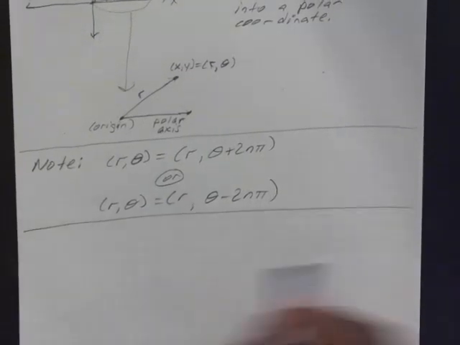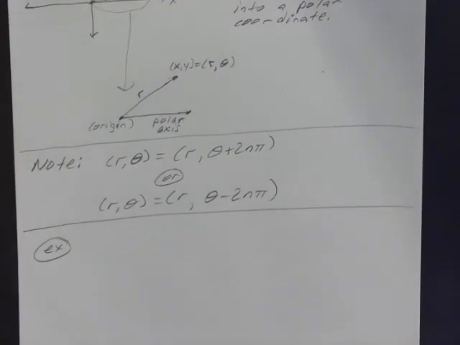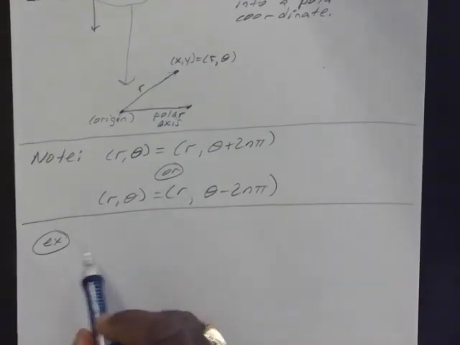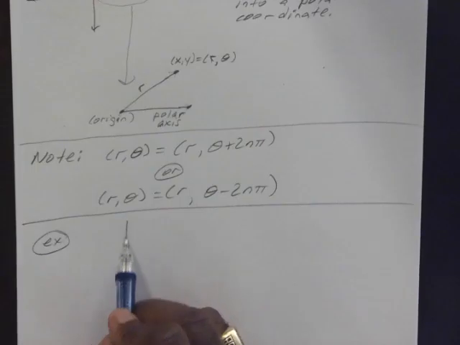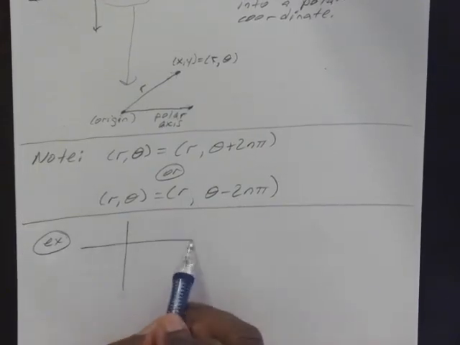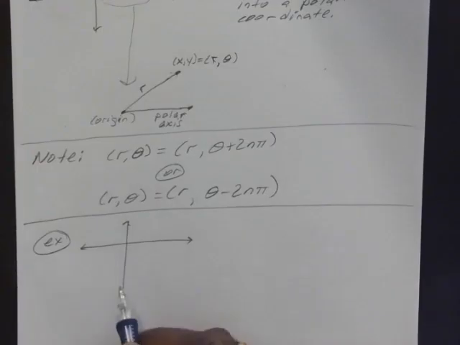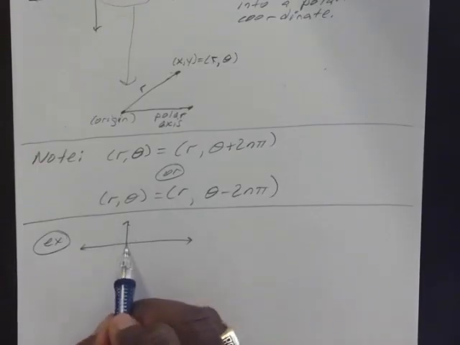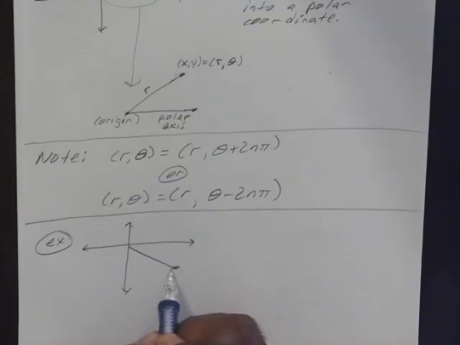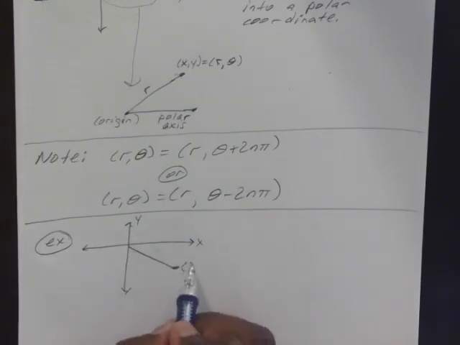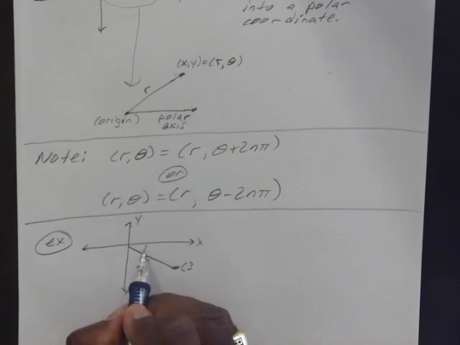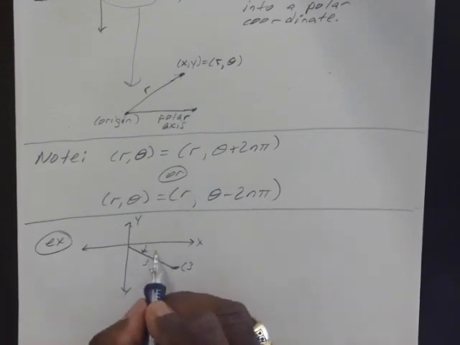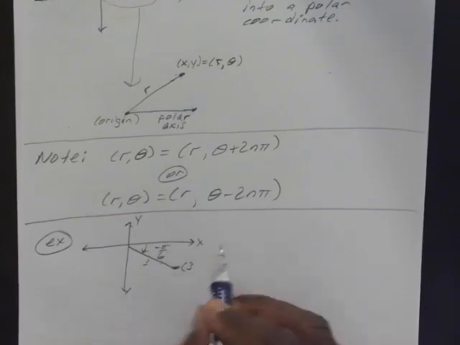Okay, so one visual example just to show you why that would be true. Let's say we have some polar coordinate, and let's do our x and y axis. Well, the radius is 3 and the angle is negative pi over 6.